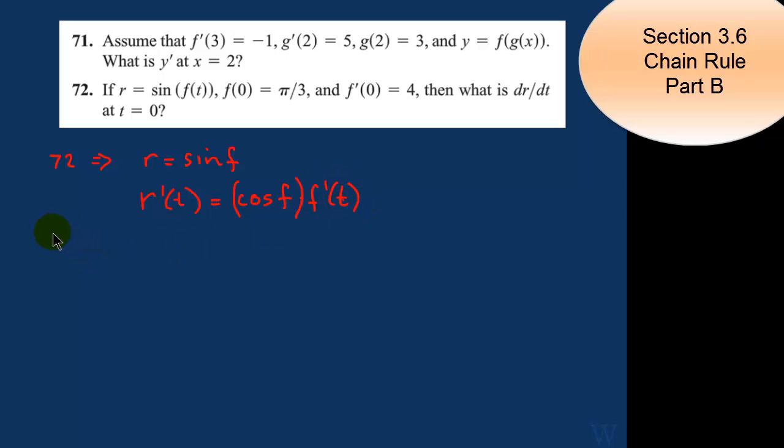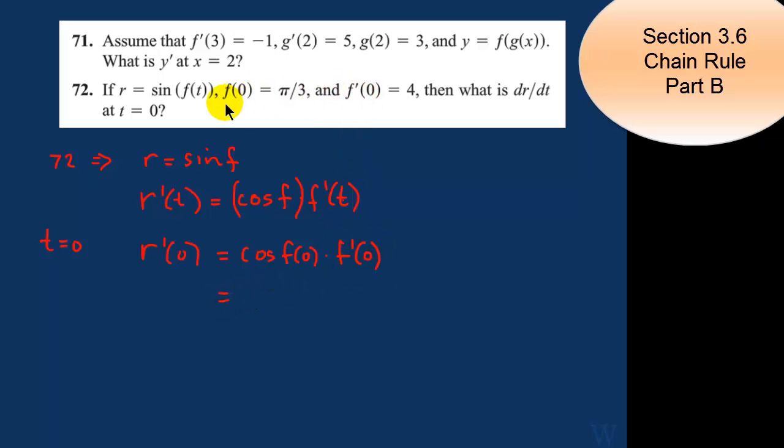And then we evaluate at t equal to 0. So r prime of 0 is equal to the cosine of f of 0 times f prime at 0.